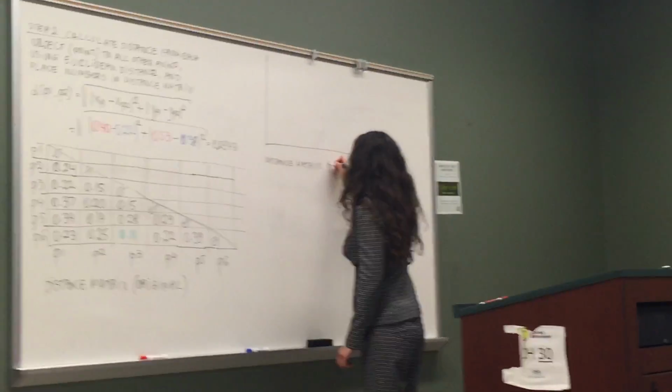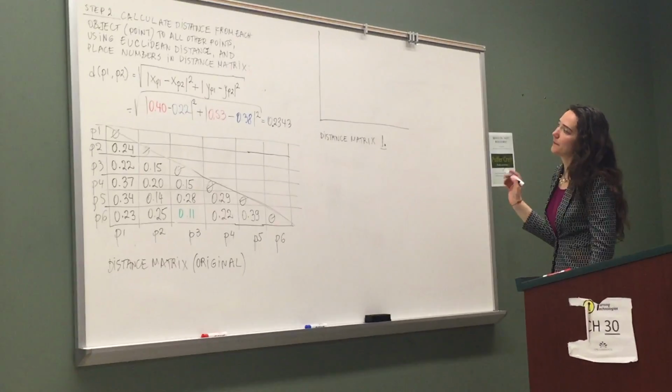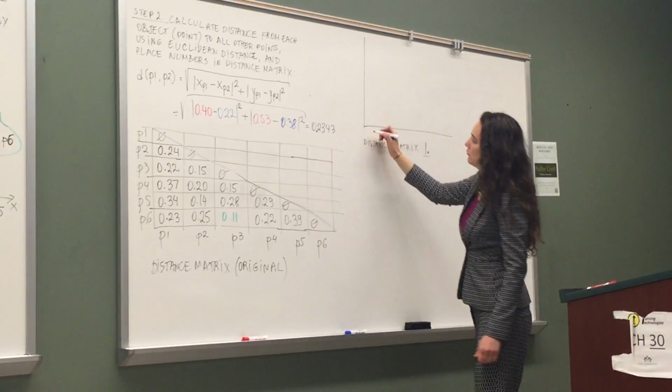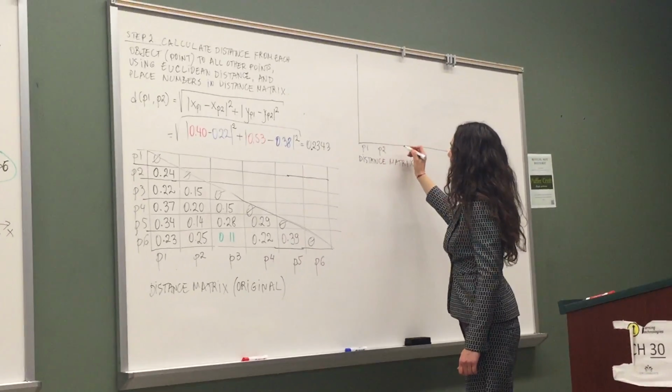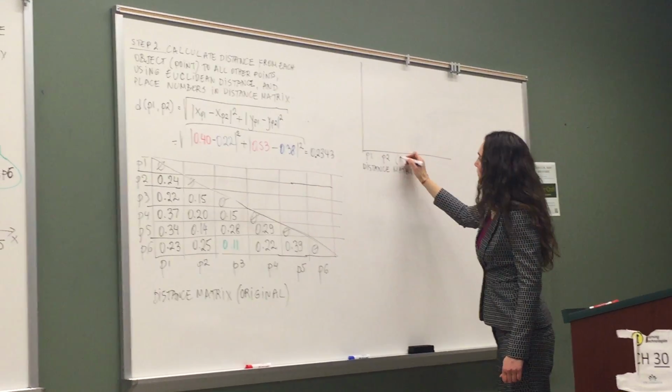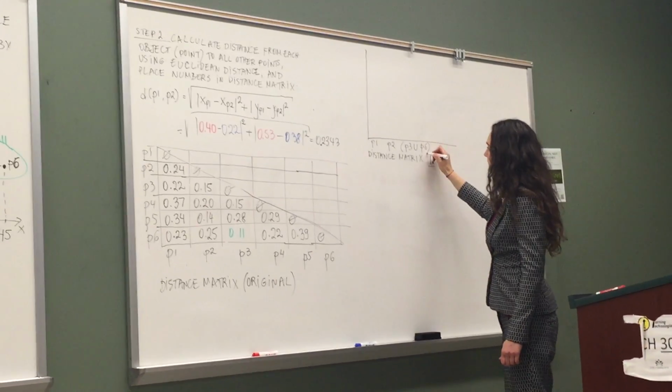So this is distance matrix number 1. So we have point 1, we have point 2, and now we have point 3 union point 6.